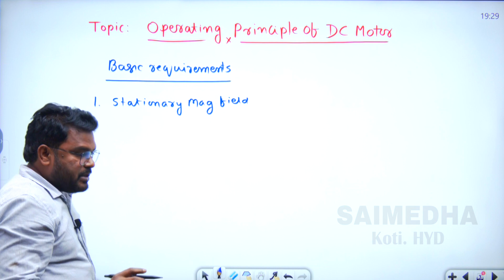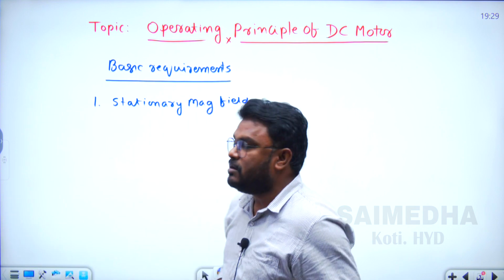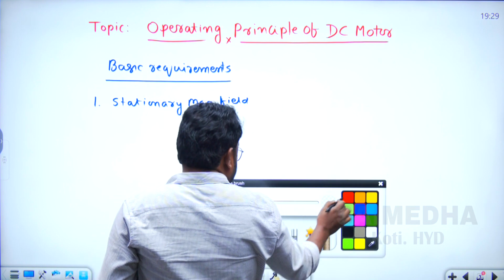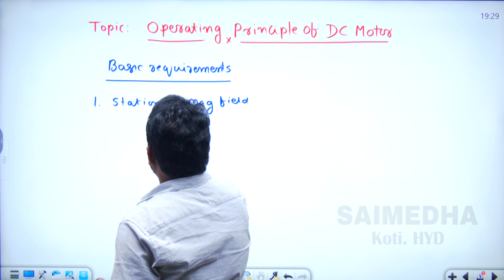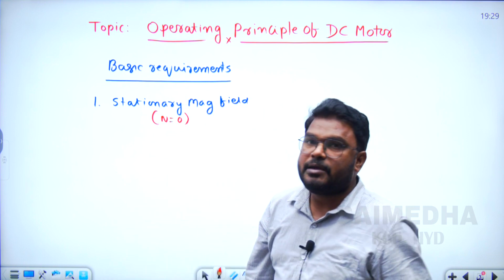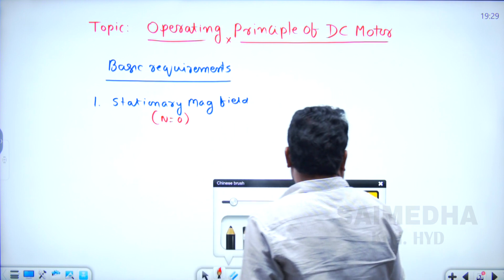The magnetic field means the region around the magnet. For a stationary magnetic field, the speed of this magnetic field is equal to 0. This type of magnetic field is known as the stationary magnetic field.